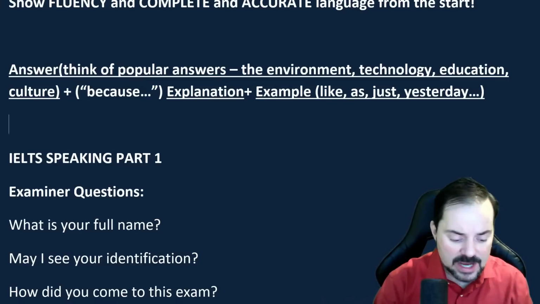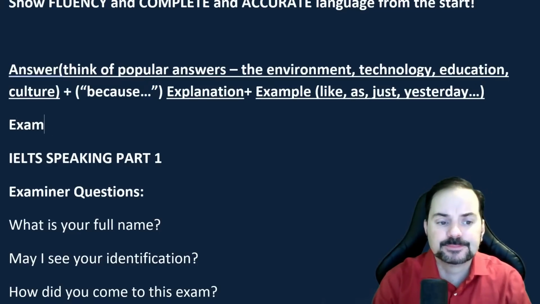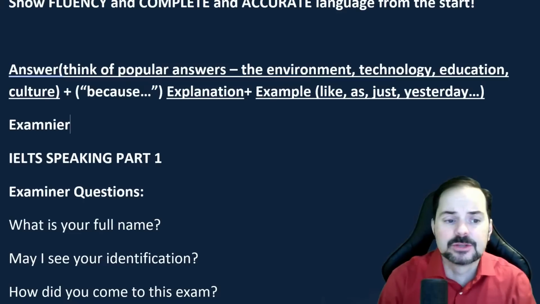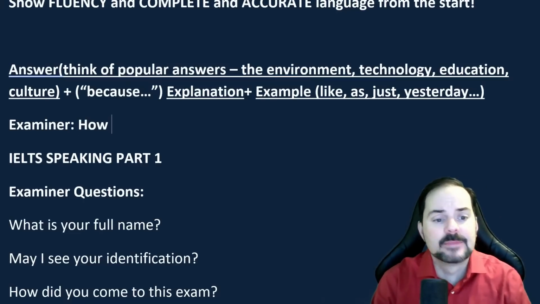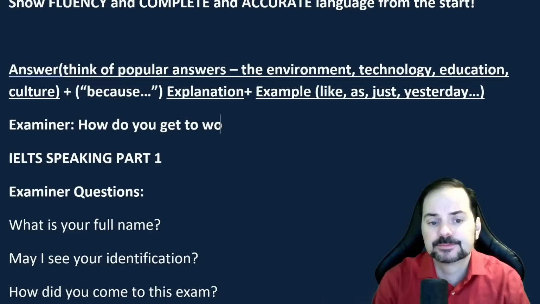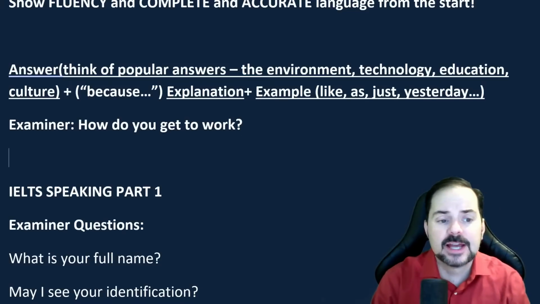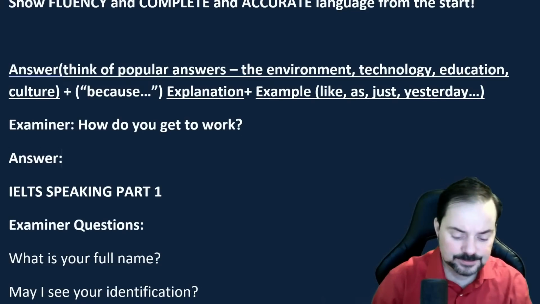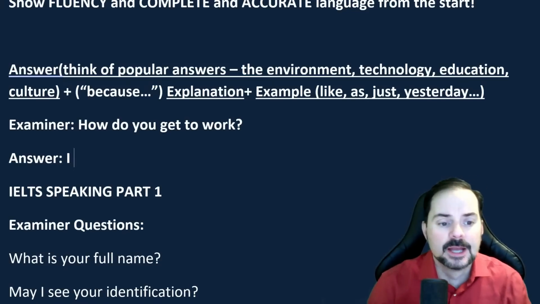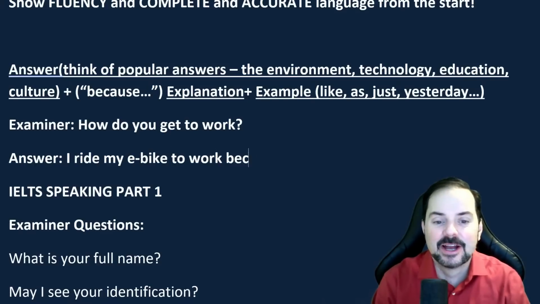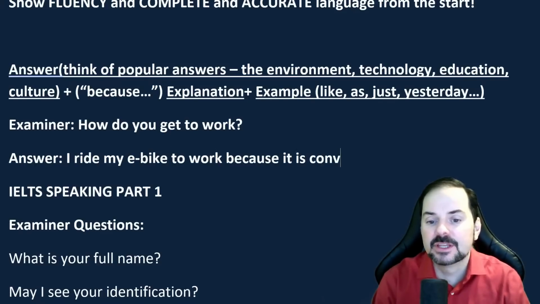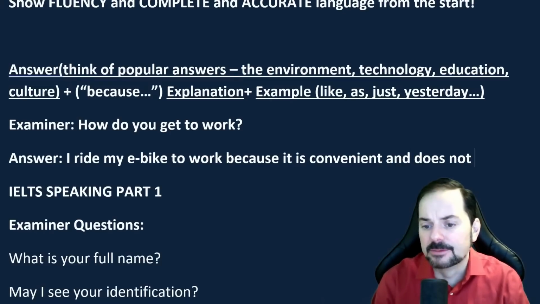So an example question, the examiner, and again, repeat after me, students, okay? So the examiner might say, how do you get to work? Okay? And you'll answer something like this. I ride my e-bike to work because it is convenient and does not pollute the air.